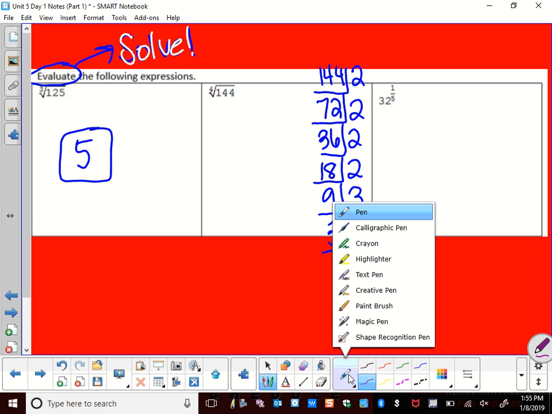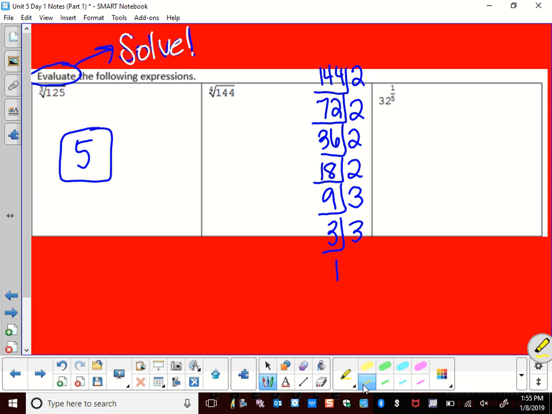All right, so here's what's tricky. When we first started doing the factor ladder, we were looking for pairs, right? I was circling 2 at a time. But now I have a 4th root for my index. That's what I'm basing it off of. So I now need a group of 4, which I have. That entire group of 4 comes out to be that number, just like it used to be.